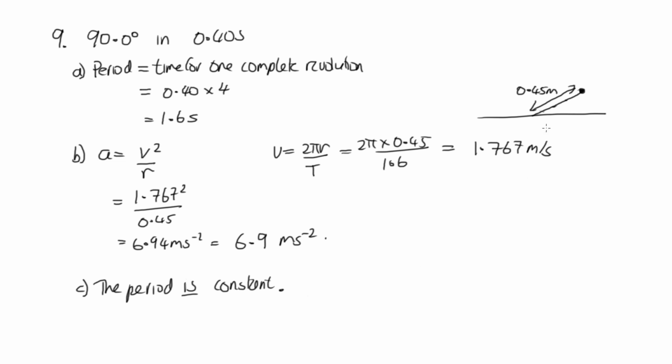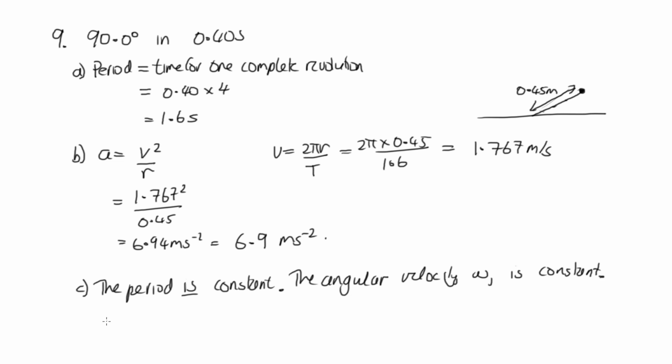So let's start with the angular velocity. So the angular velocity tells us how quickly it's moving through a certain angle. Now, because it's all got the same period, it's all moving through the same angle at the same time. So the angular velocity, omega, is constant.